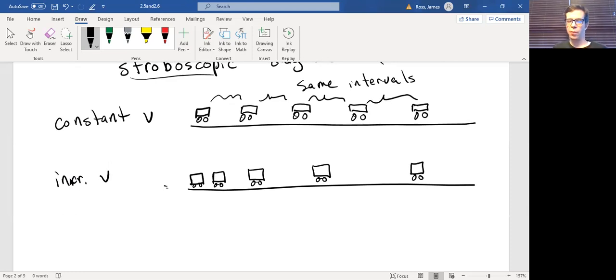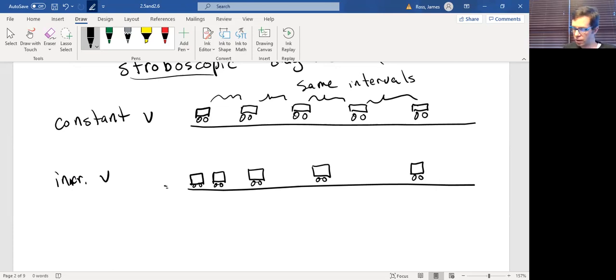And you can see that we have increasing distances traveled in each unit of time, right? This stroboscopic effect, we're saying each snapshot is taken with the same time interval. So the distance intervals are increasing over the same time intervals as our speed is increasing.